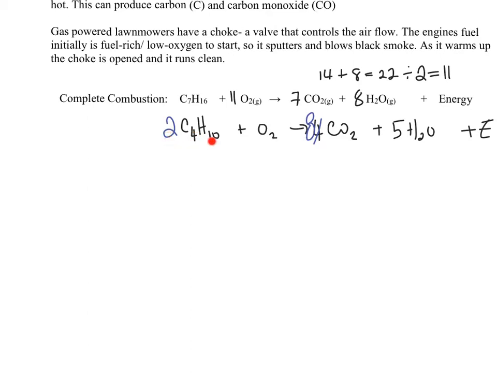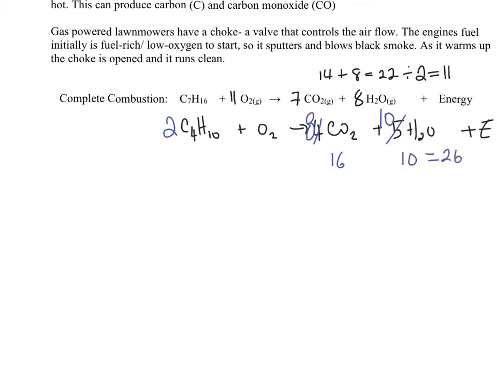And now we've got 2 times 10, so 20 hydrogens. So now we need to make this 20 hydrogens. So we put 10 in front, because 10 times 2 is 20. And now, if we add up our oxygens, we've got 8 times 2, 16 oxygens here. 10 times 1, 10 oxygens here.